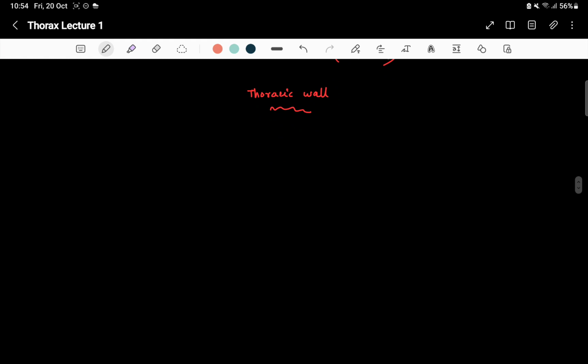So thoracic wall. So we know that rib is attached to the vertebral column, one to the body and another to the costal facet of transverse process. Okay, rib is attached twice to the vertebral column. So you should know this fact so as to understand better. So we have some intercostal muscles here, that are the muscles between the ribs.